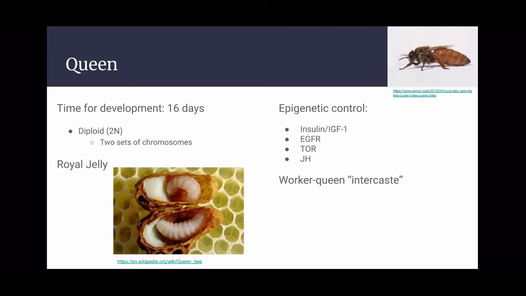Since the queen doesn't eat bee bread, she doesn't get this special RNA, and so she will not become a worker. However, if a queen larva is fed bee bread after already being fed royal jelly, it's possible that she could become something called a worker queen intercaste, which means that she will be somewhere in between a worker bee and a queen bee.